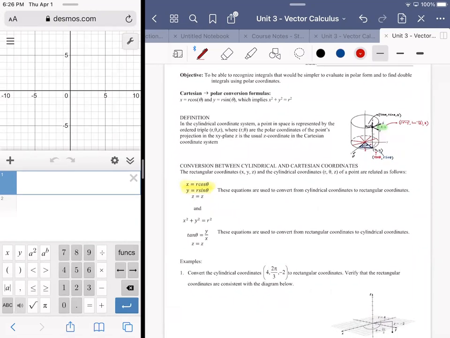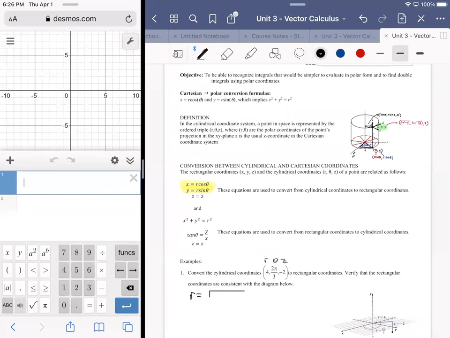All right, so example 1: convert the cylindrical coordinates to rectangular coordinates. If we know that these cylindrical coordinates are in the form r, theta, z, then we can use that information to figure out what the x, y, and z values are. r is equal to the square root of x squared plus y squared.